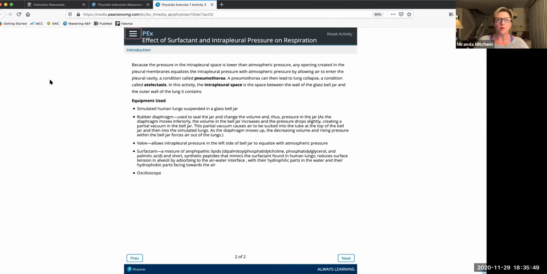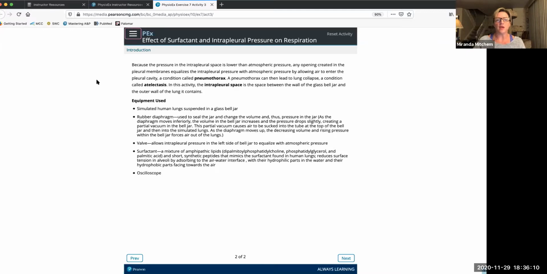A pneumothorax is created when the pleural lining is ruptured. And what that does is it essentially makes the pleural space equal in pressure to atmospheric pressure, which then can collapse that lung. So atelectasis is lung collapse.